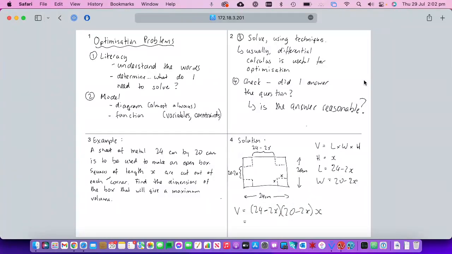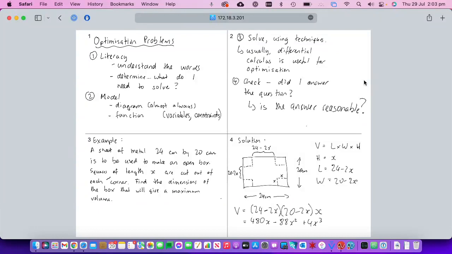And I would get 480x minus 88x squared plus 4x cubed. Is that okay with everybody? I'm shortcutting, but I think everyone here has the skills to expand the two binomials and then multiply everything through by x. I need to switch to the next page in a second, so if there are any questions, ask now before I head off over to the next page.